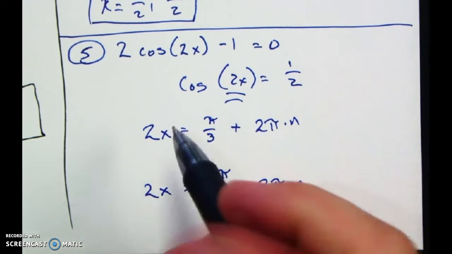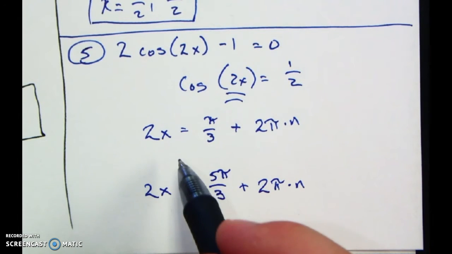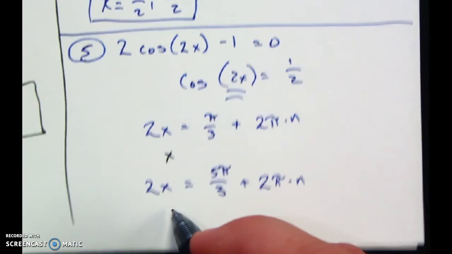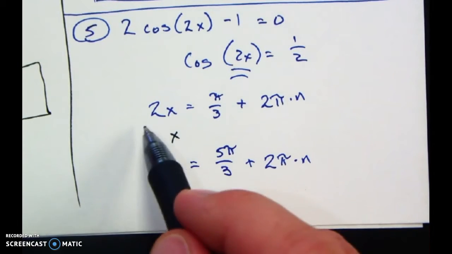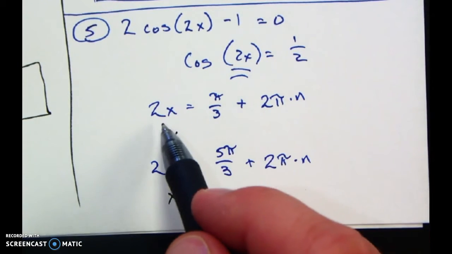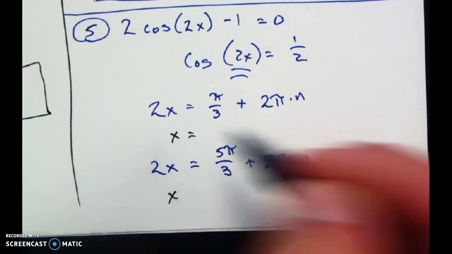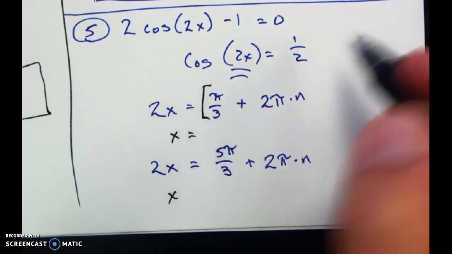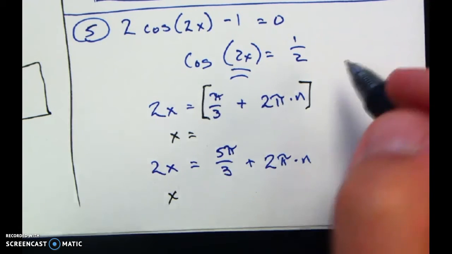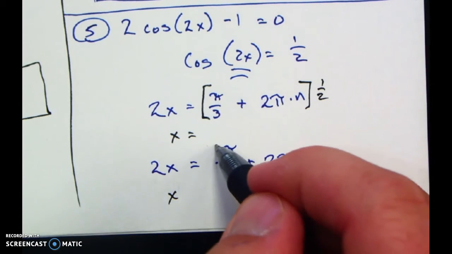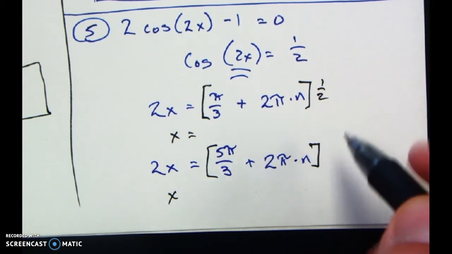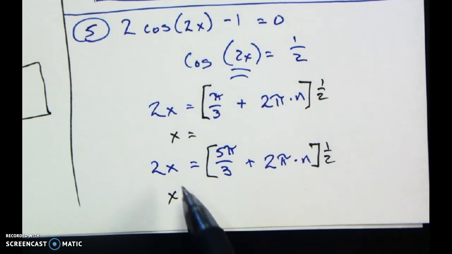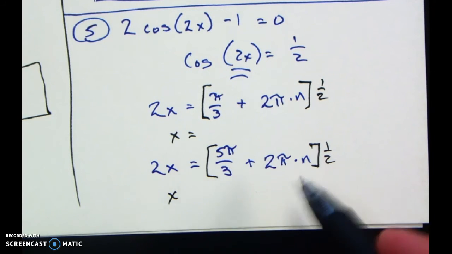Now here we have this equal to 2x, and so we're still solving for x in both of these cases. So what I'm going to do is divide both sides by 2 or multiply both sides by 1/2. The thing is, on this side, it's the entire quantity here that gets multiplied by 1/2 when we're solving for x. Because what this ends up doing is it changes our laps.